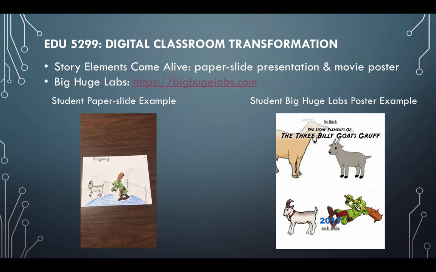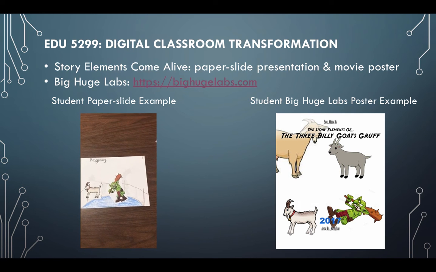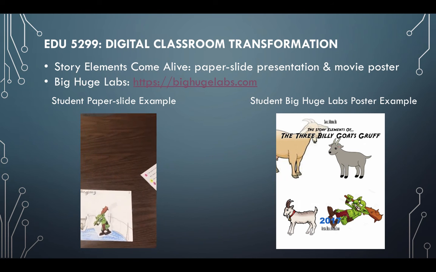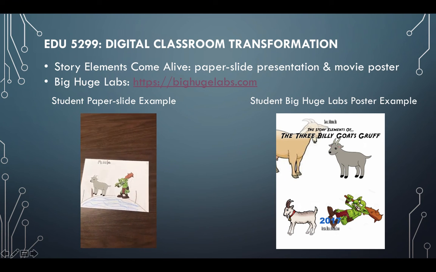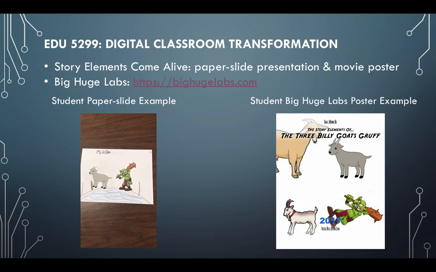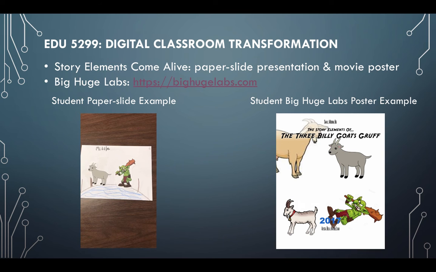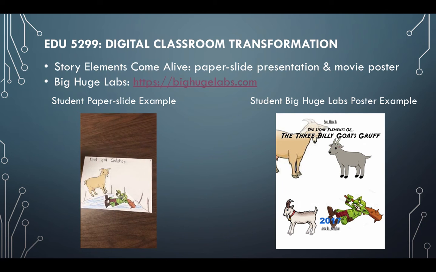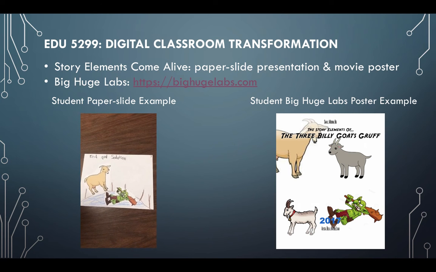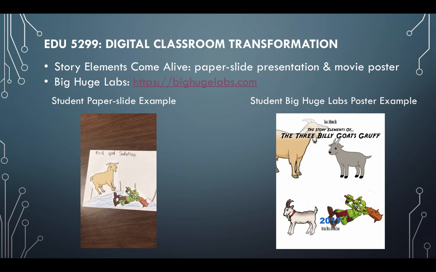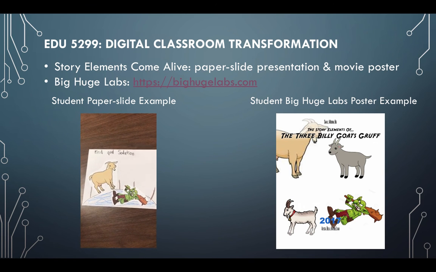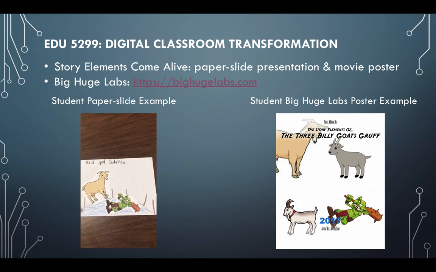The troll lets him because he tells the troll he's too little to eat. The next thing that happens is Middle tries to cross the bridge. The troll lets him go because he says his other brother is even bigger. The end and the solution to the story is the big goat runs over the troll and kicks him. The troll falls off the bridge. The end.